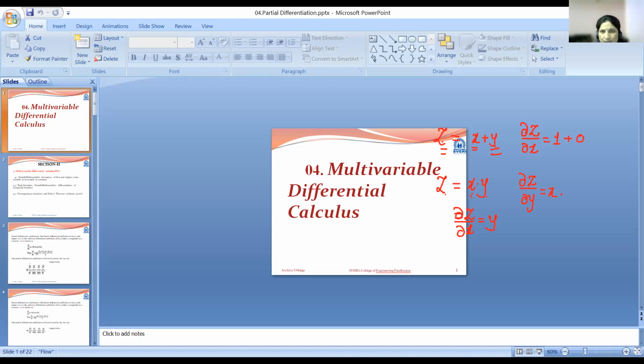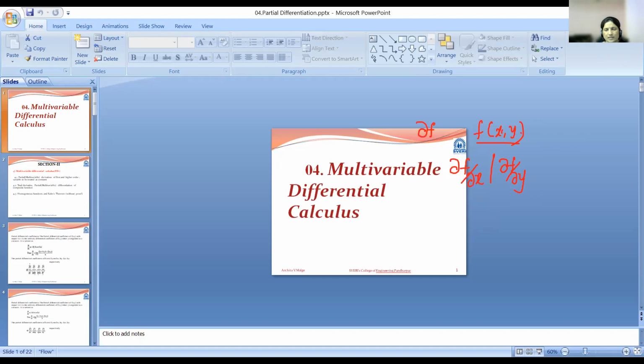Okay. Then after that, we are denoting that partial derivative with dou f. Means here f is a function in x and y, so it can be put as dou f by dou x or dou f by dou y.